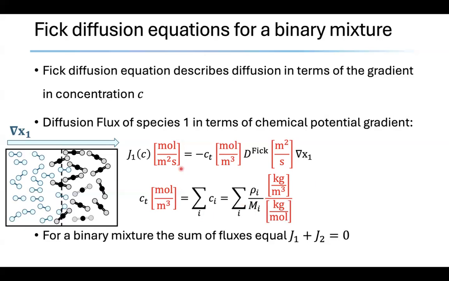What this tells me is that if the gradient in the mole fraction of component 1 is non-zero, then you will have a mass flux which is non-zero, called J1.